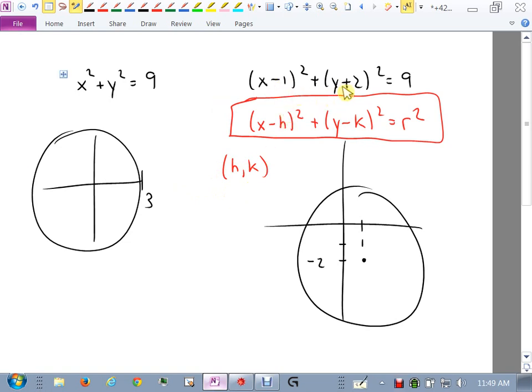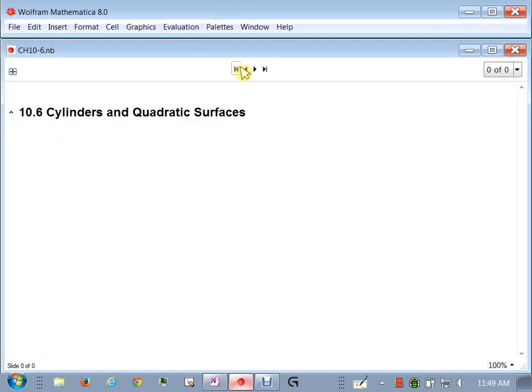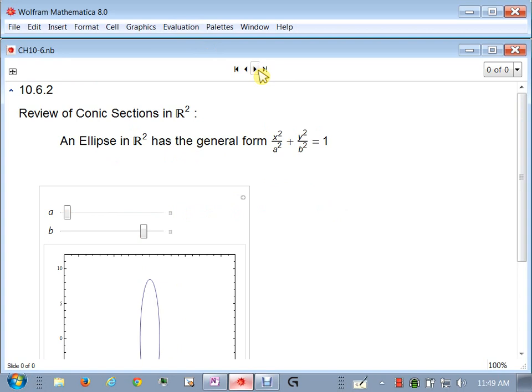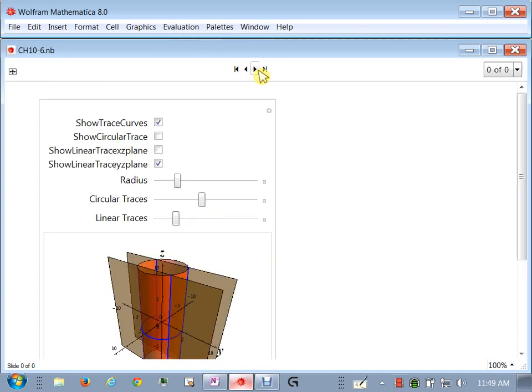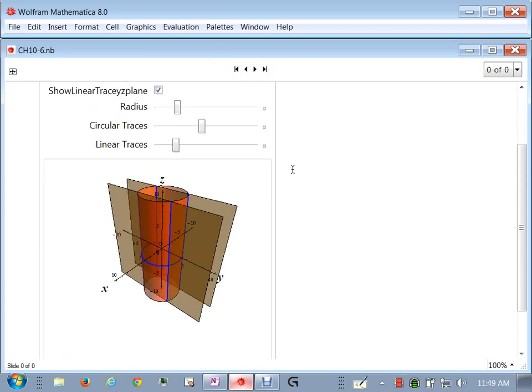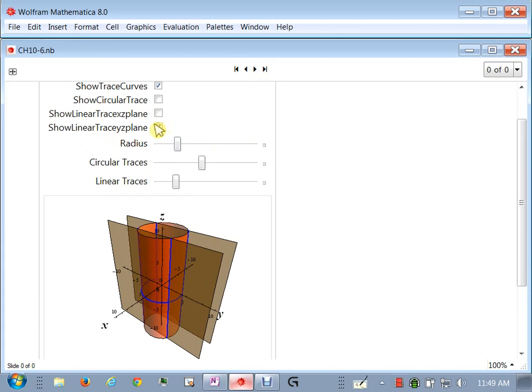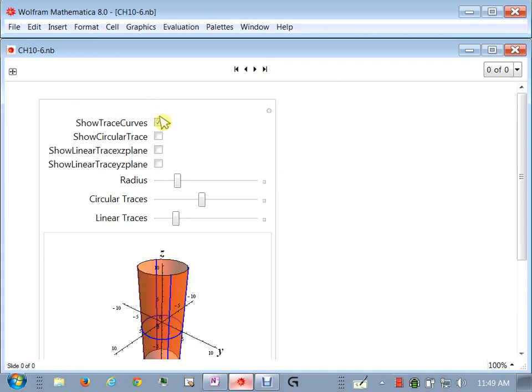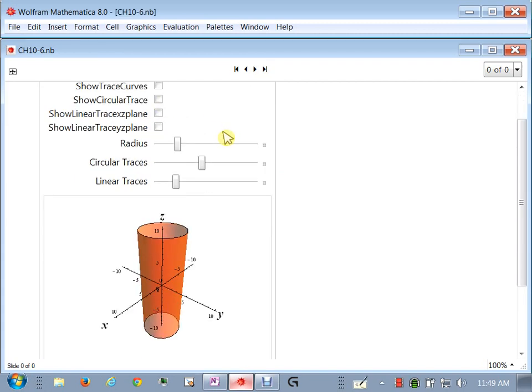So if we use this formula, we shift it, we move it, right? Well, with almost every one of these that we just did, like this cylinder, we could consider the center of this cylinder right now to be the origin. And then you could shift it by moving things around, right?